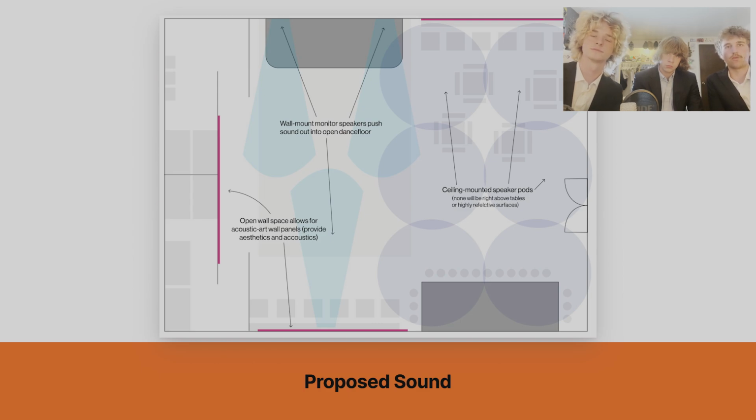And then as you get towards the dance floor and stage area, the more open floor plan, there's a lot of wall mounted monitor speakers that push sound out into the open space and cross over to make sure that everybody can hear well. And then on pretty much every open wall, you can see the wall panels that Ben mentioned earlier that are good for noise dampening but don't sacrifice the aesthetic qualities of the space.